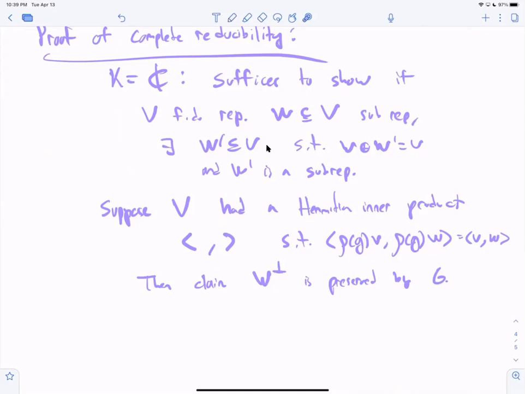And it's easy to check that when you have a Hermitian inner product that's preserved by this group action, this group action also has to preserve the complementary subspace. Let me not write that down, but you can check that on your own. So you're done if you have a Hermitian inner product that's preserved by G.